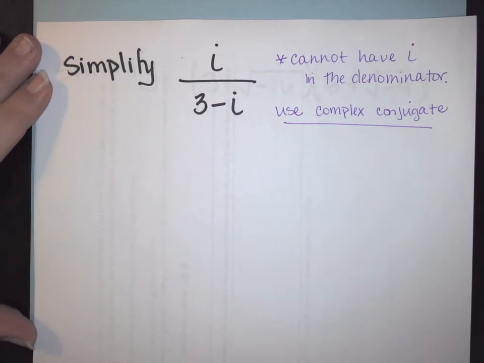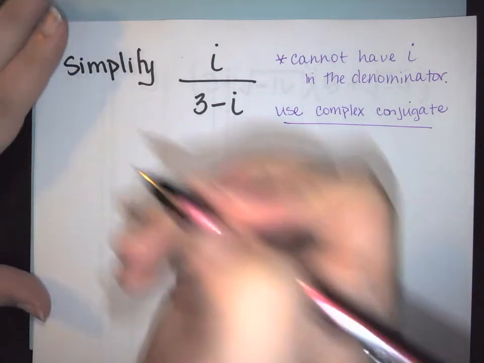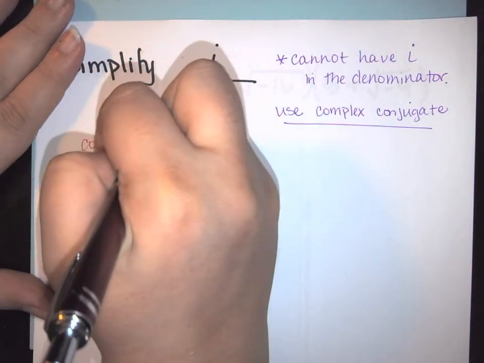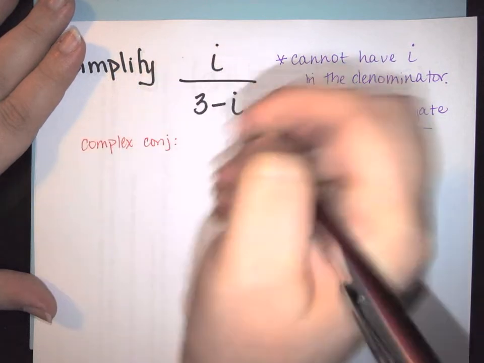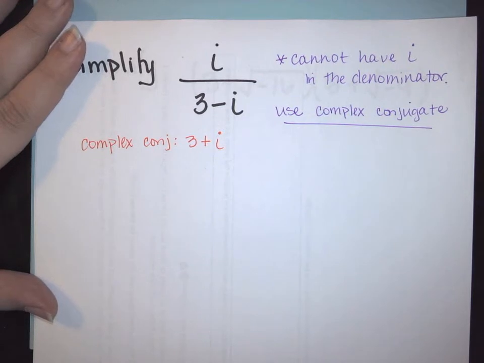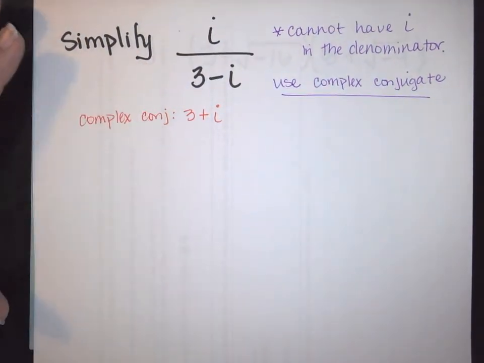So in this case, my complex conjugate is just the opposite sign of what I have. So here, my complex conjugate is going to be 3 plus I. So what I have to do is take what I have and multiply both the top and the bottom by that complex conjugate.